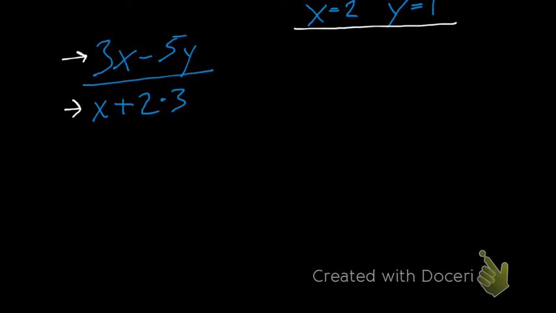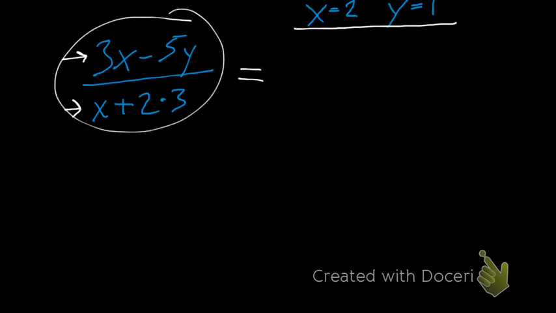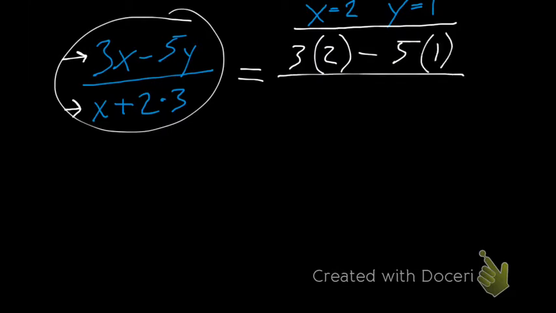So I'm going to say that this whole thing is the same as, I'm just going to put an equal sign, this. 3 times 2 minus 5 times 1, all over 2, because x here is 2, plus 2 times 3.